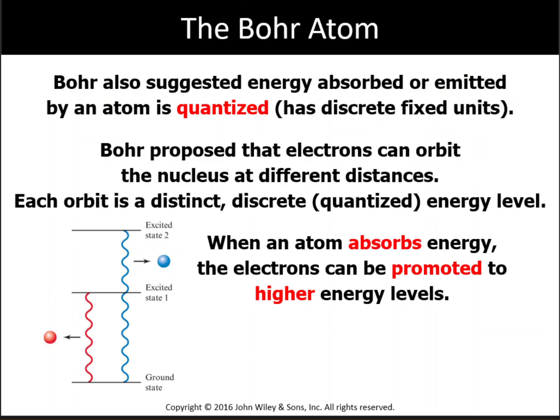So we're going to explain or define a couple of different phenomena here, relaxation and excitation. Bohr suggested that energy can be absorbed or emitted by an atom, and the energy that's being absorbed or emitted is quantized energy, meaning that it has a fixed unit.